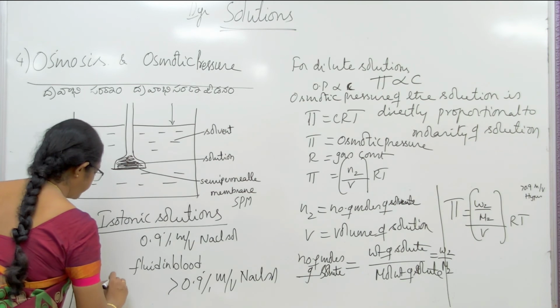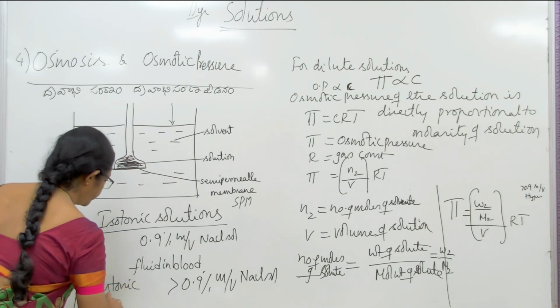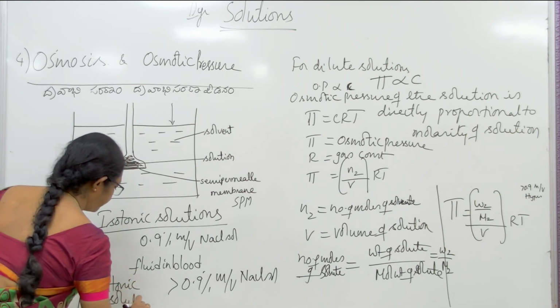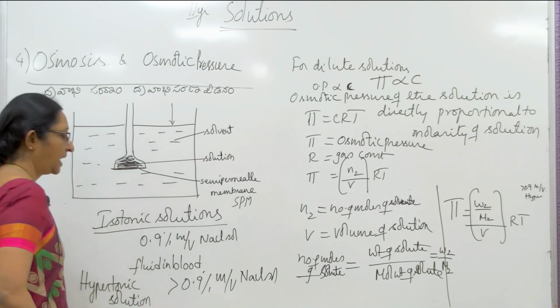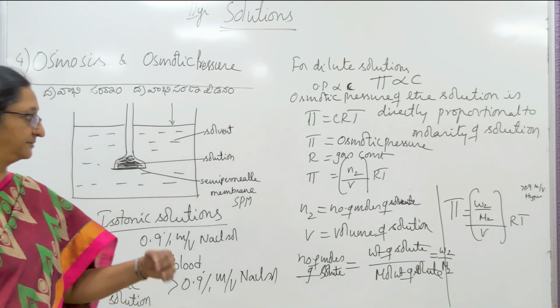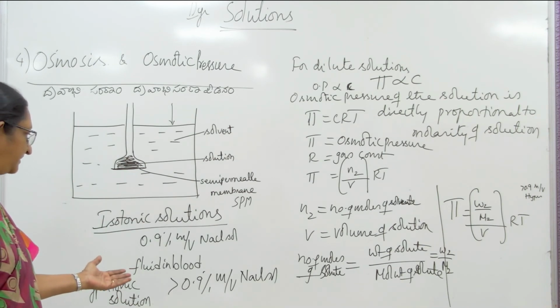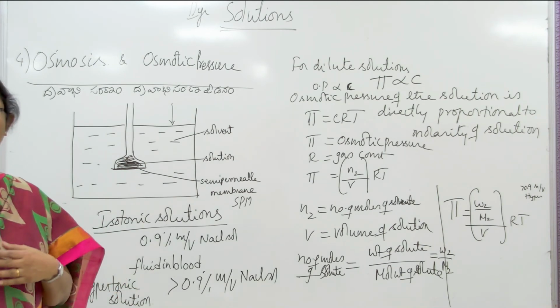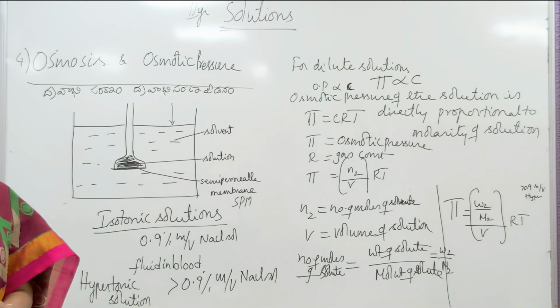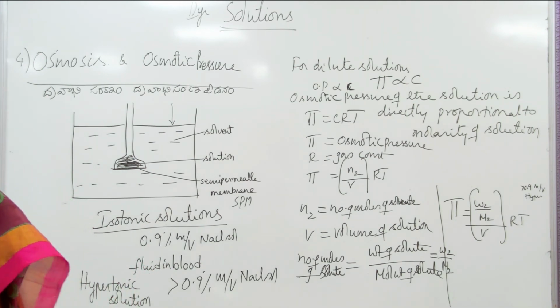Then the condition that is hypertonic. Suppose the concentration of sodium chloride solution is greater than 0.9% mass by volume. This kind of solution is called a hypertonic solution.